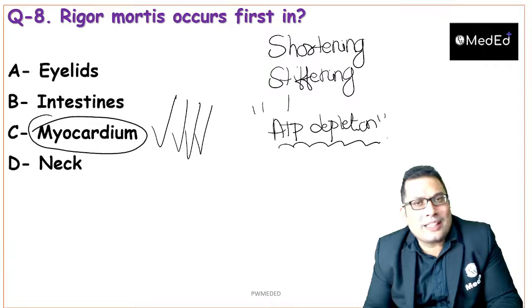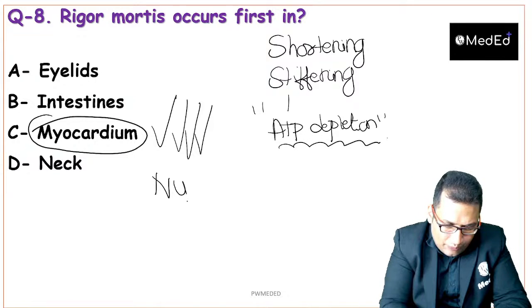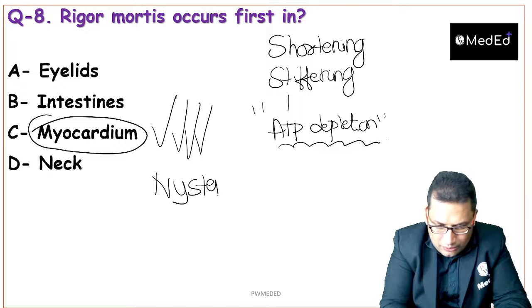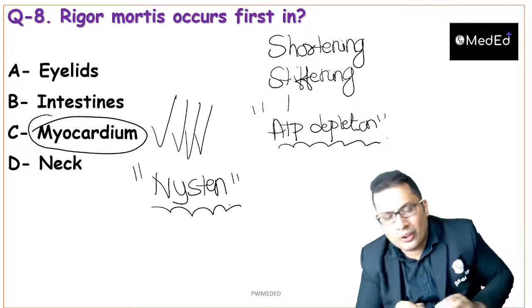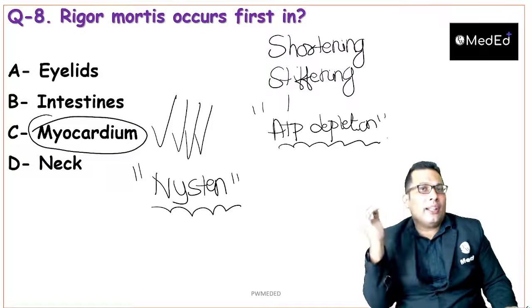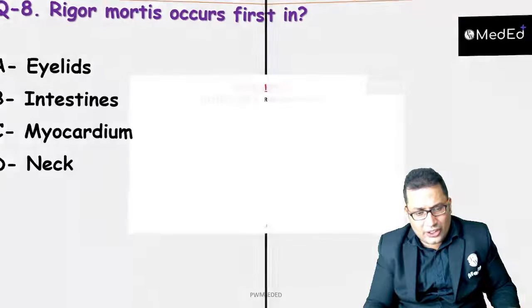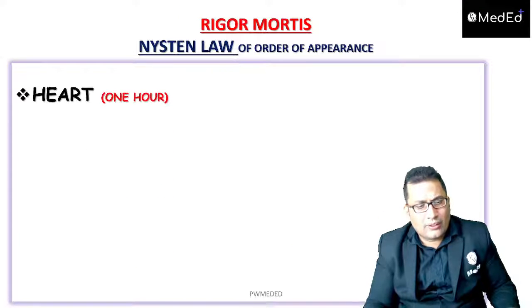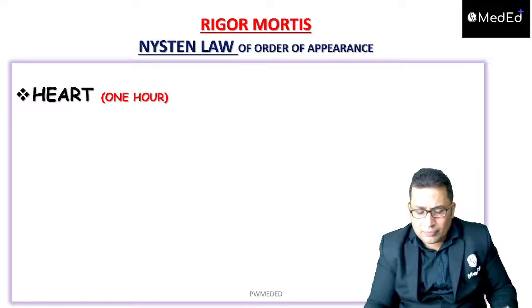There is a rule known as the NExT rule, very commonly asked in your exam. The NExT rule is a rule of appearance of rigor mortis. Rigor mortis first appears in the heart, left side of heart.